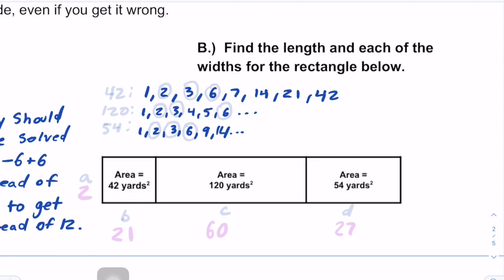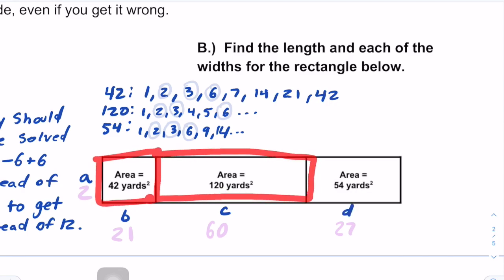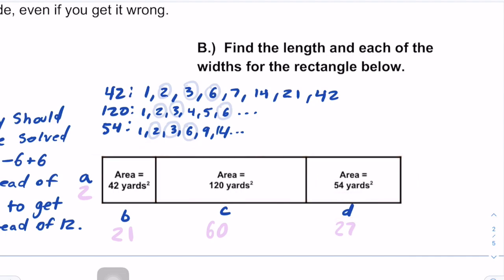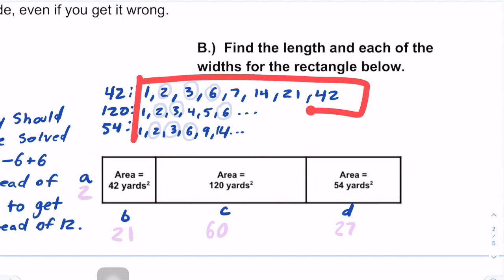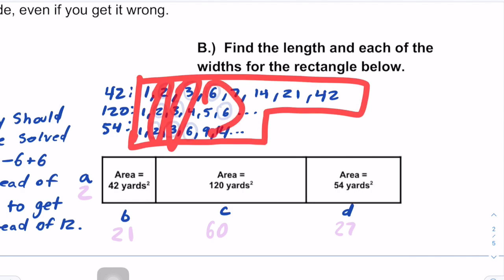If you look for all the factors of 42, of 120, and 54, we should be able to spot all the common factors fairly easily, and whatever that common factor is going to be the side length A. I know we've done problems where we've had a side length of A and then the lengths on the bottom of B and C. So this is pretty similar, it just has an extra section, so we're going to call it D. After we find all the factors, any common factor can be placed into A, and then we can just solve for B, for C, and for D.